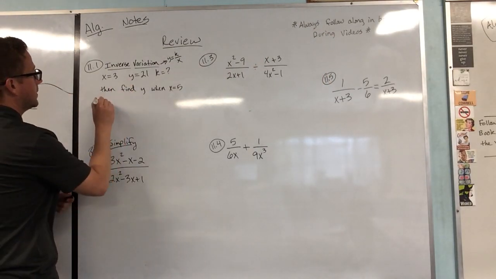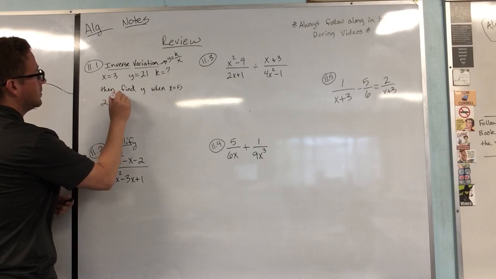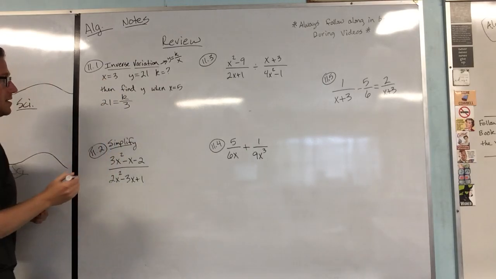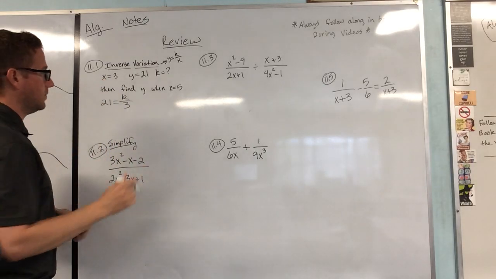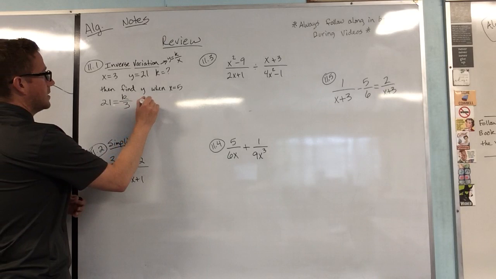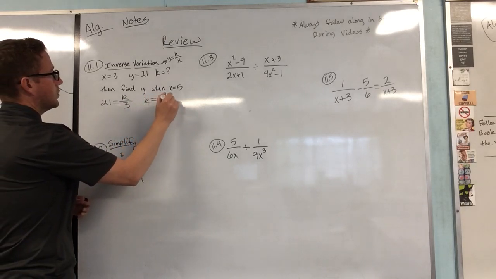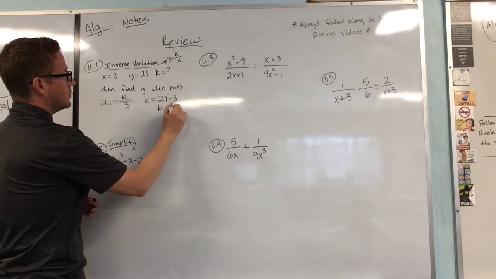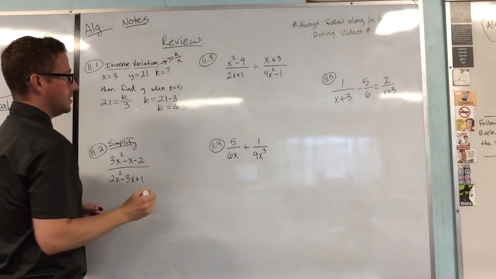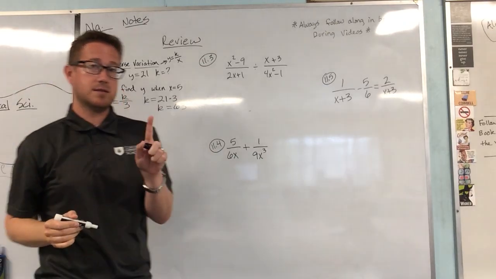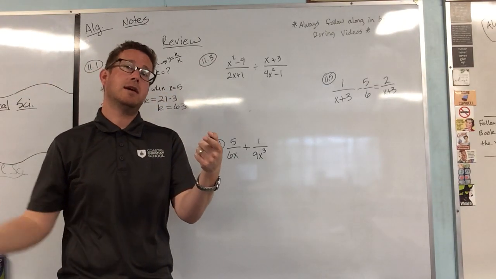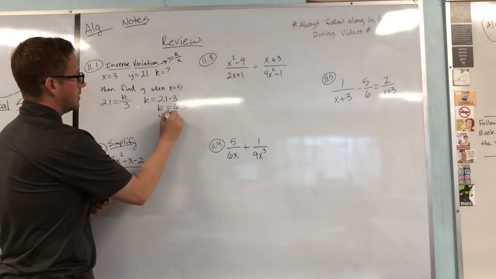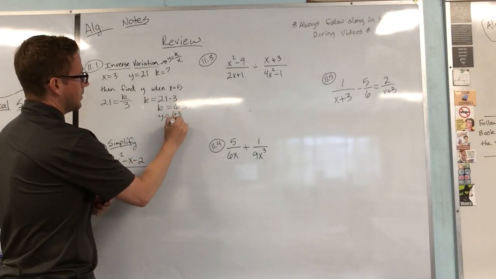So we're going to set it up as we have 21 equaling the unknown k over 3, which is x. And we can rearrange this if we want and actually make it say k equals 21 times 3, so k equals 63. All right, so that's step 1, get k. Then rewrite the equation. So we're now looking at y equals 63 over x.